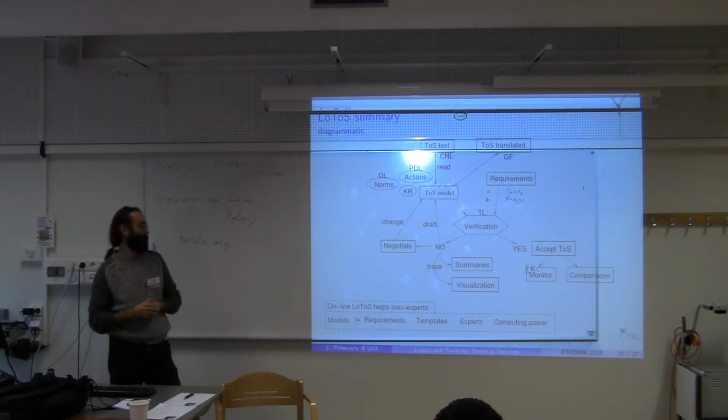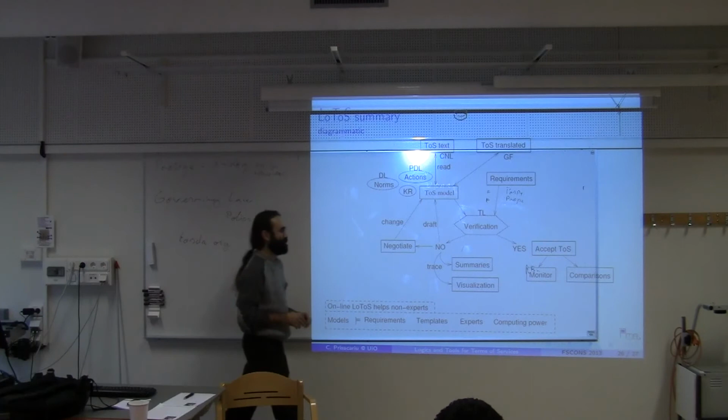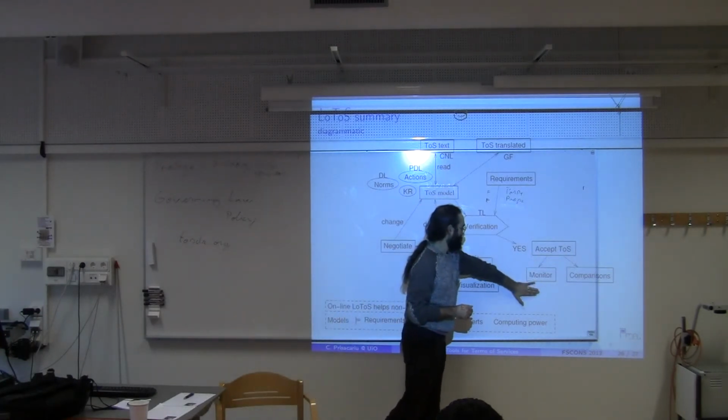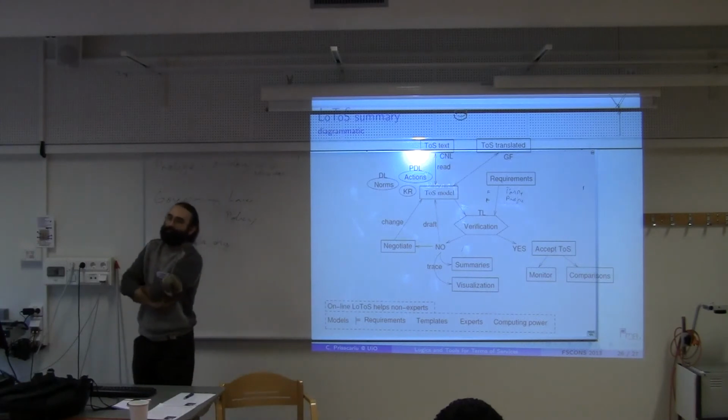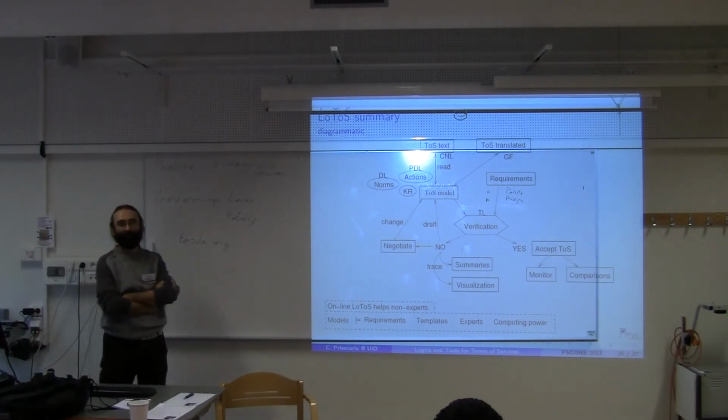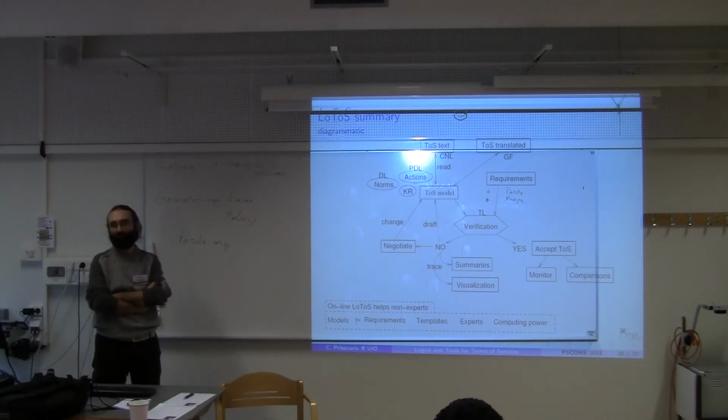So for instance, John will be working on this CNL, and then we are talking with machine learning people also, trying to see how to go from natural language to the CNL, but we don't have a solution. But the same with the summarization that you mentioned, there are people here working on how to obtain summarization automatically from natural language using some machine learning technique.